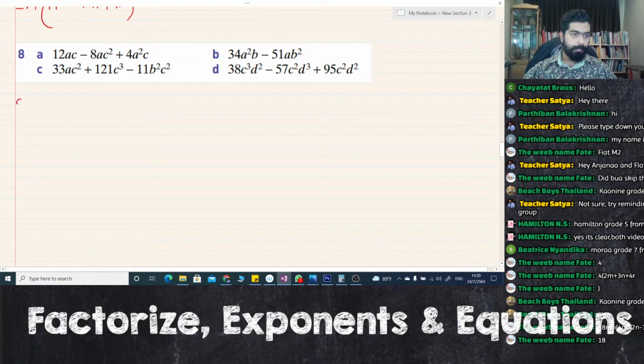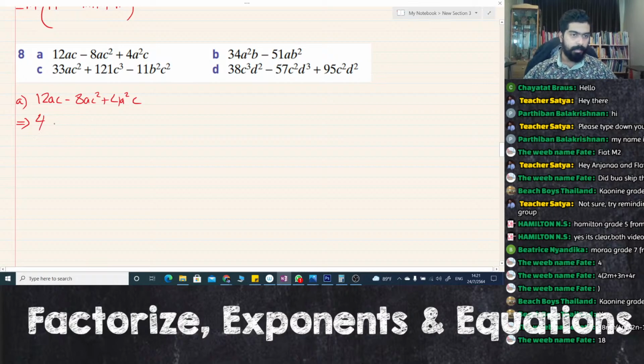So I have question A. We've got 12AC minus 8AC square plus 4A square C. Again, guys, we are going to bring the greatest common factor out in front of the bracket. For the numbers we would have 4, because 4 is the greatest common factor of 12, 8, and 4.